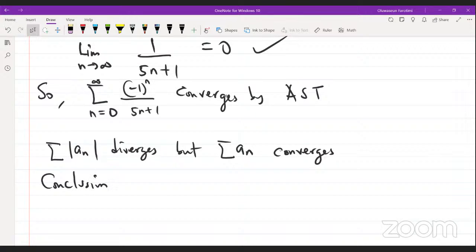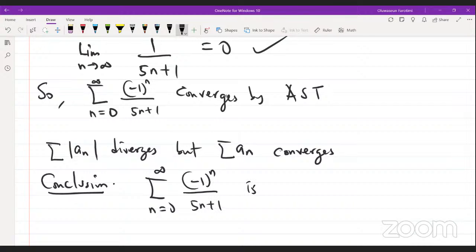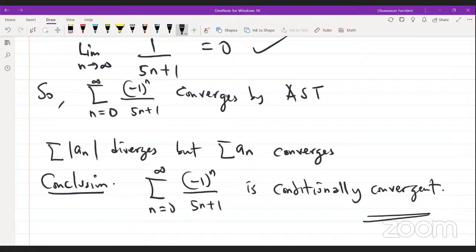The conclusion is that the original series is what, guys? Does it diverge? No, it is conditionally convergent. Yes. Amazing. Okay, so absolute convergence is stronger than conditional convergence.